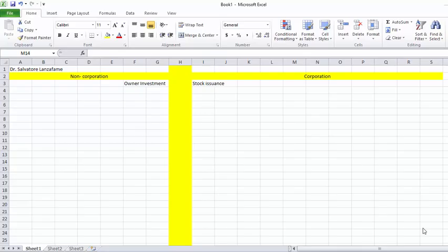First off, let's do a quick little review for some of you that maybe it's been a while. When we're looking at an owner investment in a non-corporation setting, we'll talk about a sole proprietorship. When the owners make an investment, assuming that the owners invest cash, they would debit cash and then they would credit the owner's name followed by the word capital.